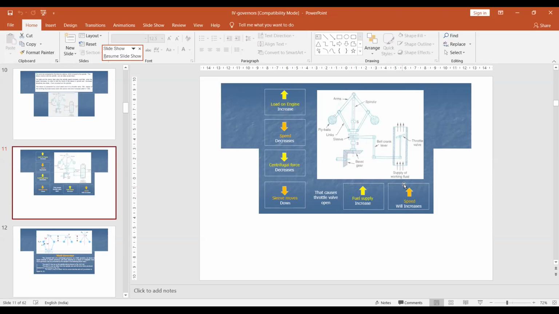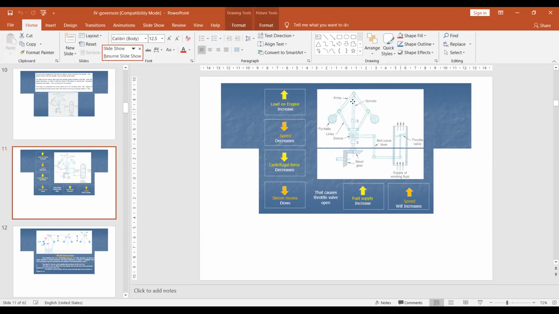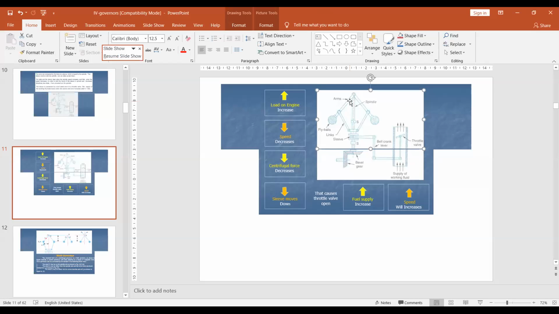When the throttle valve is opened, more fuel is sent to the engine cylinder. Then the speed returns to the equilibrium mean speed. That is what happens in our system.